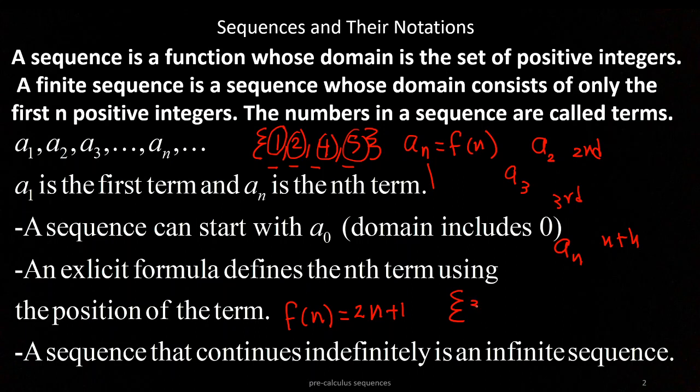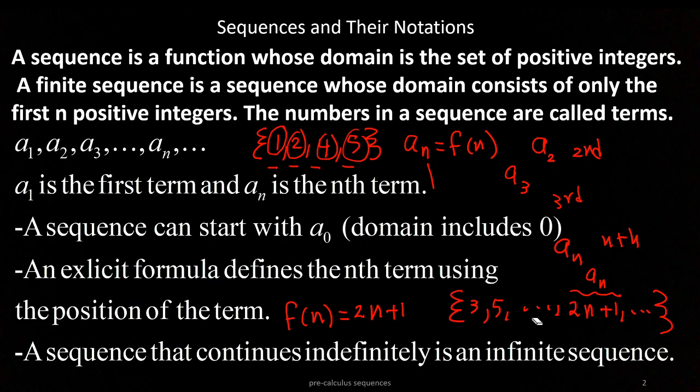So that would be 3. And then the second term is when n equals 2, which is 5. And so forth, right? Now, if you don't tell us whether we should stop at a certain number or not, then we keep writing it, right? So we can also put a comma here and put the nth term is 2n plus 1, and then continue with the dots. So this whole thing is a sub n, right?